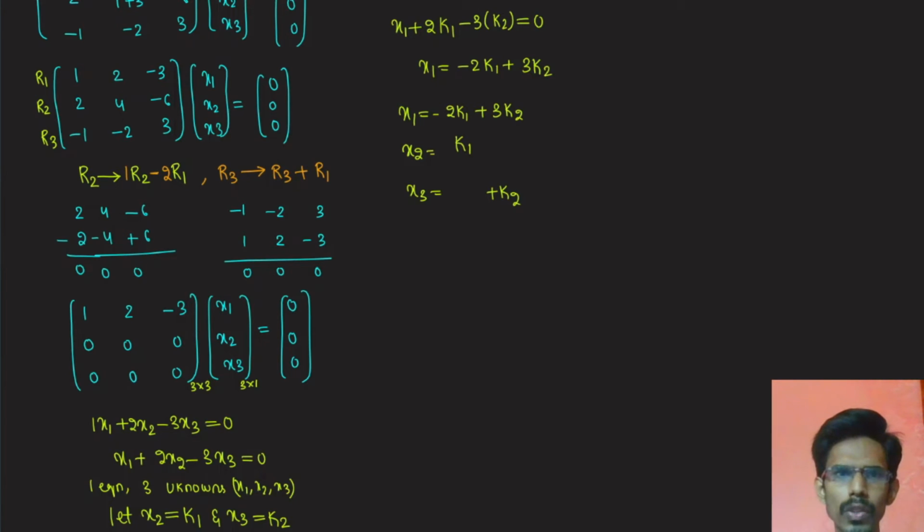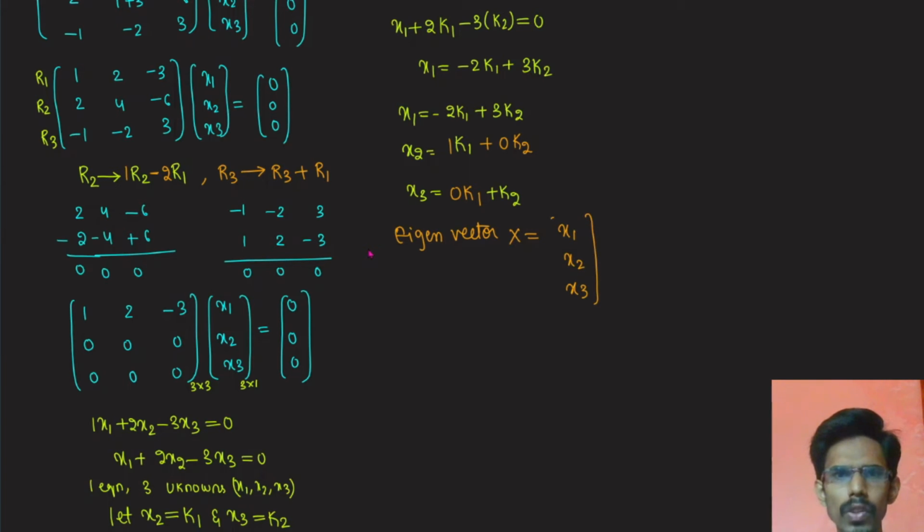Now I modify this x1 x2 x3. This vector can be written as, let me write down the capital X eigenvector. Eigenvector capital X is x1 x2 x3.